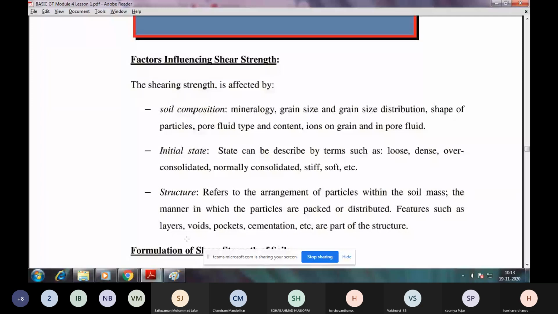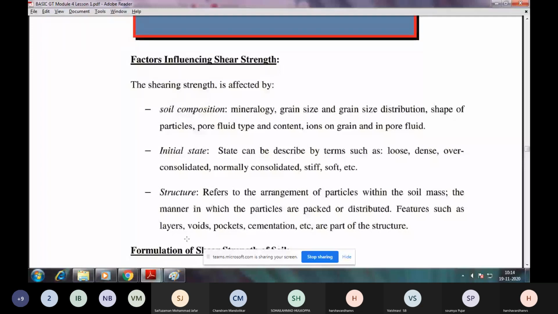Now, soil composition means what minerals the soil is composed of. When we were dealing with clay mineralogy, we saw different groups of minerals that are there in the clay, like kaolinite, montmorillonite, and illite. So, the mineralogy of the soil and the grain size of the soil. Depending on the grain size, the soil is divided into gravel, sand, clay, and silt.